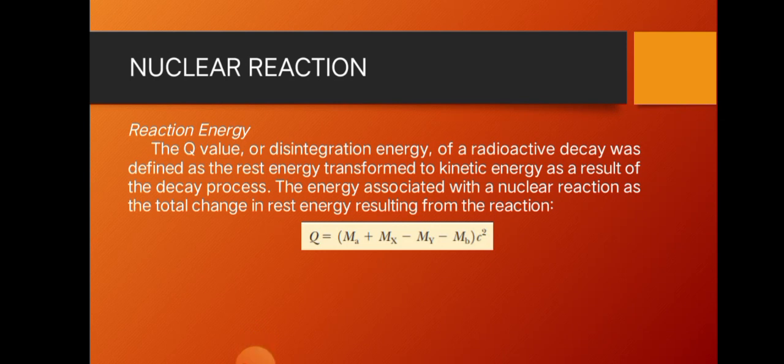A reaction such as this one, for which Q is positive, is called exothermic. A reaction for which Q is negative is called endothermic. To satisfy conservation of momentum, an endothermic reaction does not occur unless the bombarding particle has a kinetic energy greater than Q. The minimum energy necessary for such a reaction to occur is called the threshold energy.